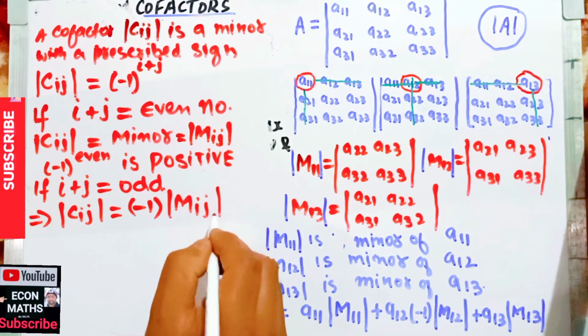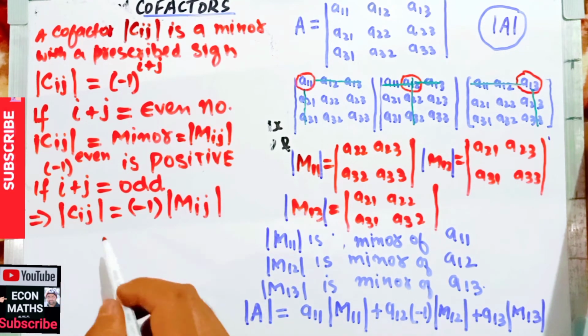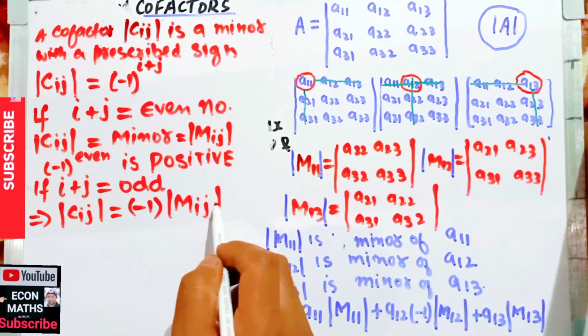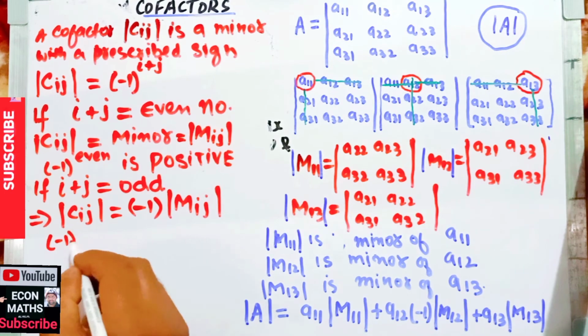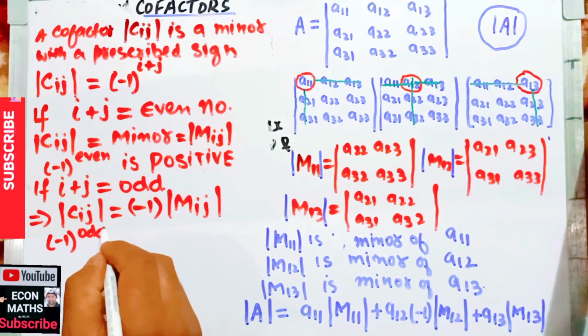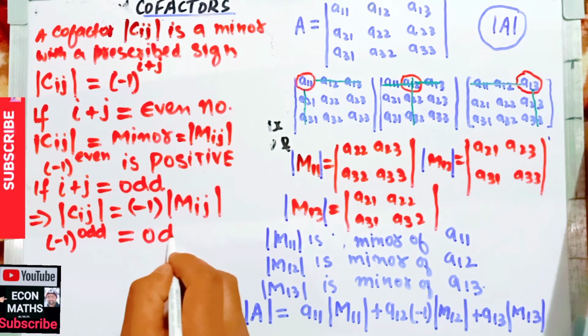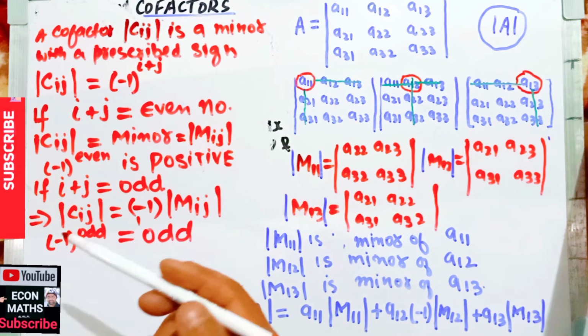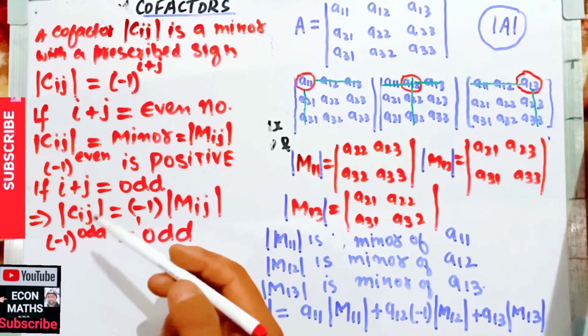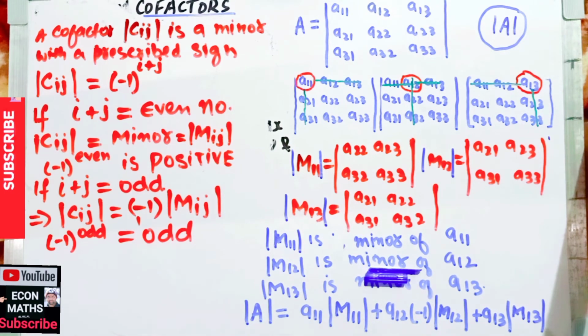That is, this cofactor is equal to -1 times the minor, because -1 raised to an odd power is always negative. That is where this -1 came from. So we will take an example here.